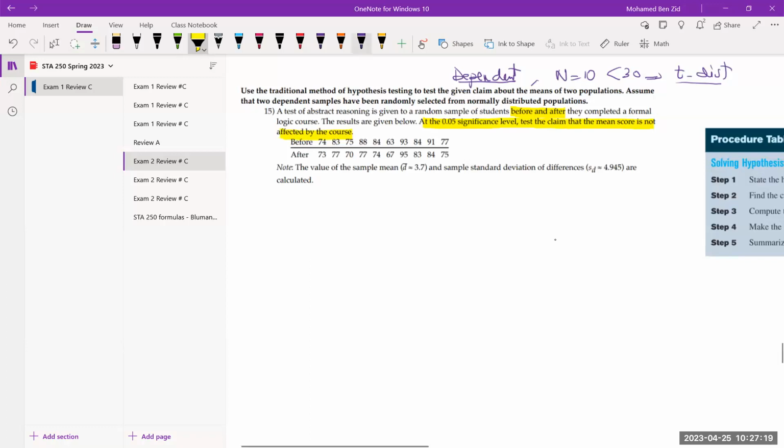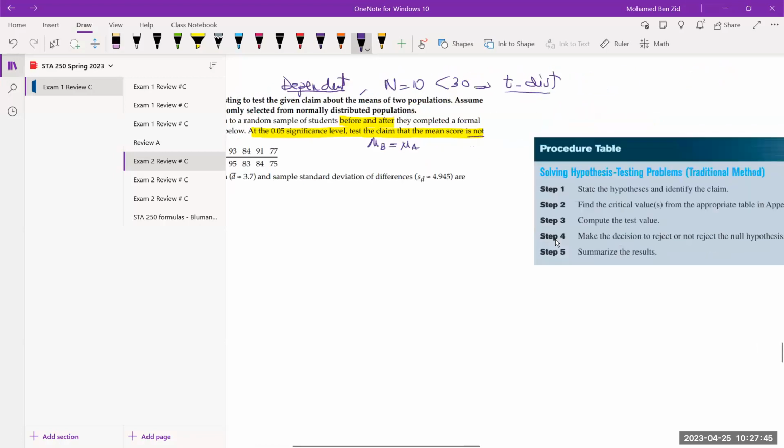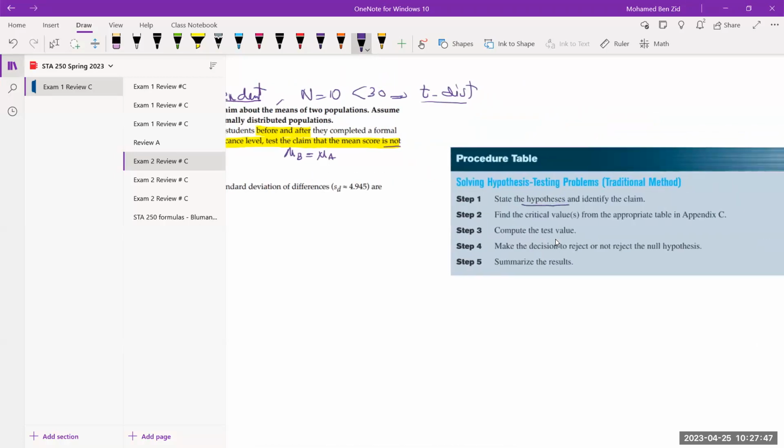What is the meaning of not affected by the course? It means the mean before is equal to the mean after. Not affected means they are equal to each other, right? So we start by stating the hypotheses and identifying the claim.